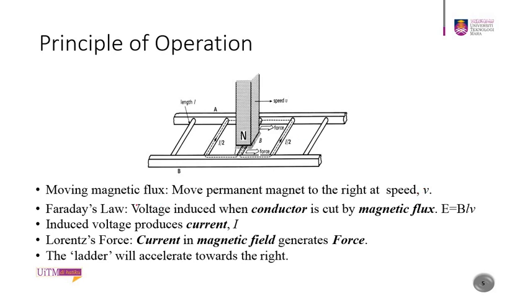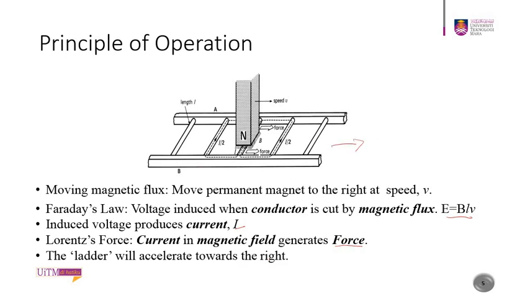By using Faraday's law, a voltage is induced when the conductor is cut by the magnetic flux, based on this equation. The induced voltage will produce current I, and from the Lorentz force, current in a magnetic field generates a force. So the ladder will accelerate towards the right.